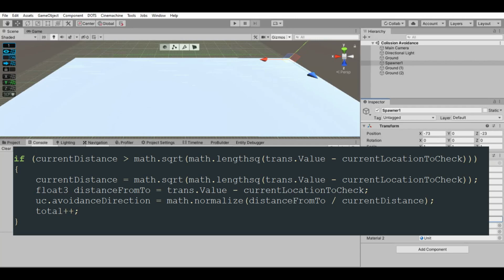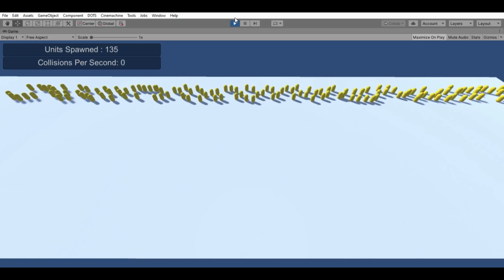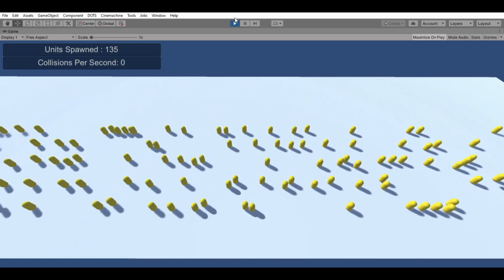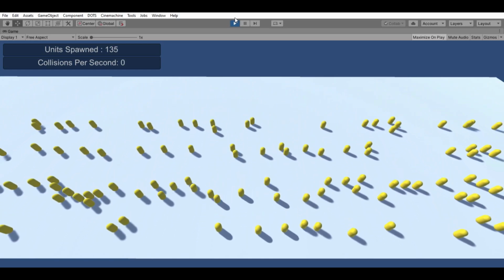The second method is very similar, but every unit only tries to avoid the most immediate impending collision with other units. In other words, the closest unit will be avoided first, and here is the result.